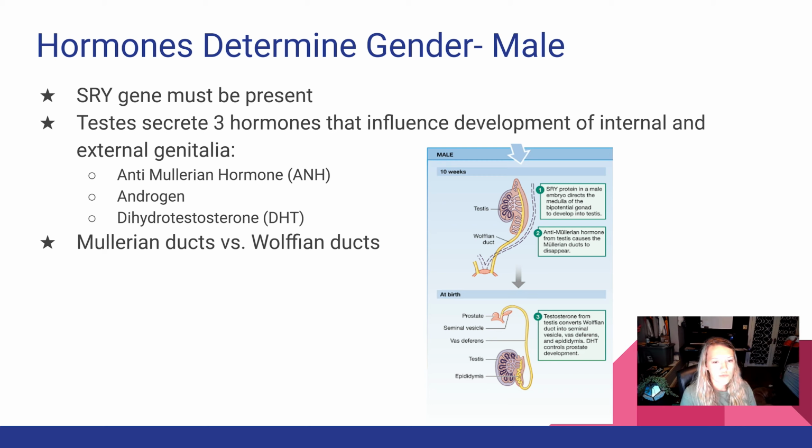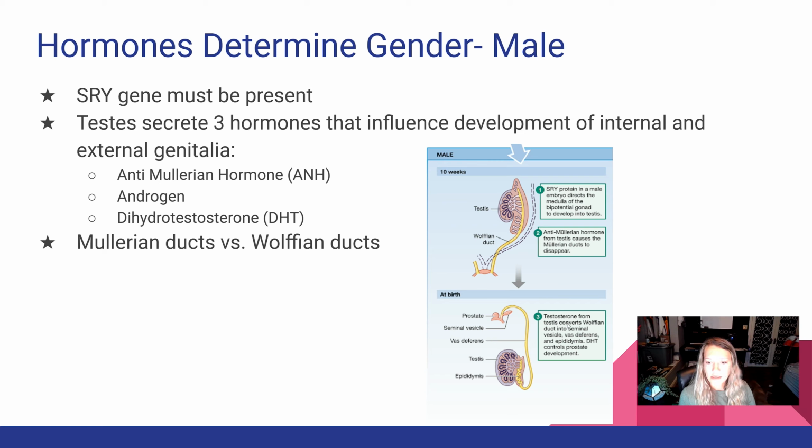We'll talk a little more about Mullerian ducts versus Wolffian ducts later, but I wanted to point out that the SRY protein in a male embryo directs the medulla of the gonads, and they develop into the testes. Then the anti-Mullerian hormone from the testes causes the Mullerian ducts to disappear completely.